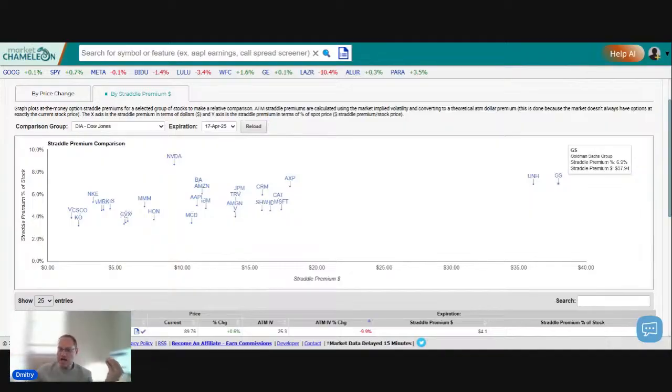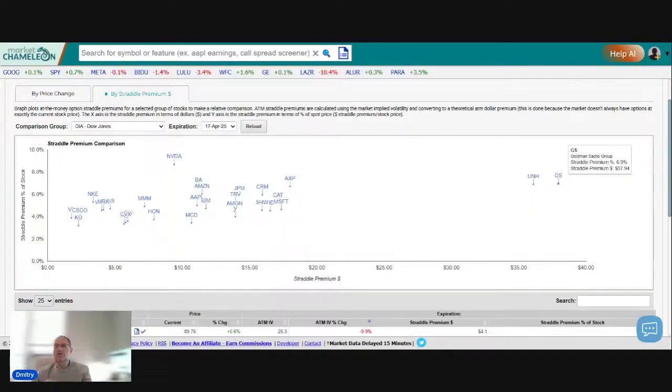So what does that mean in terms of stock price? If we took that straddle premium and divided it by the stock price, how much premium are you paying? If you have a $100 stock and the at the money straddle is $10, you're paying a 10% premium.